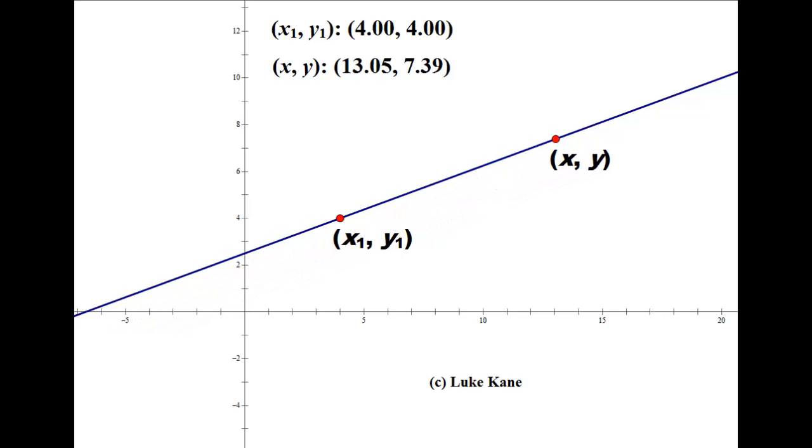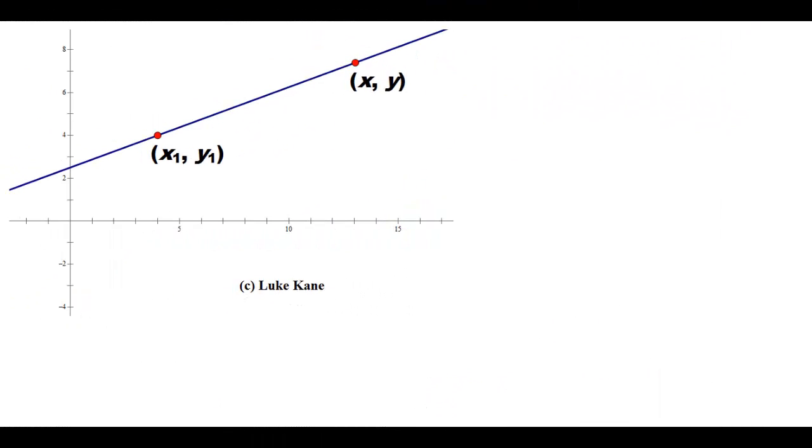It doesn't matter. The point is that this point, x, y, represents any point on the line, and this point x1, y1 represents just one point. So here's my line. This is my fixed point, the point that's given. It'll be given by the problem. And this represents any point on the line.